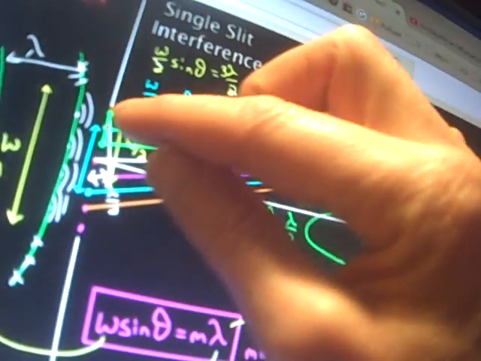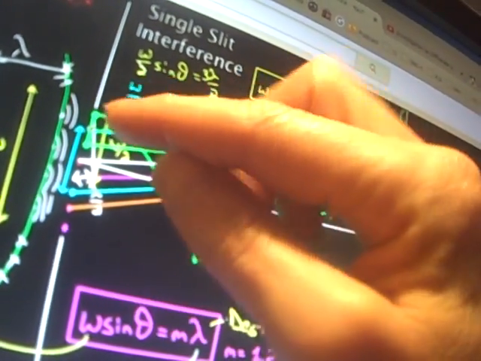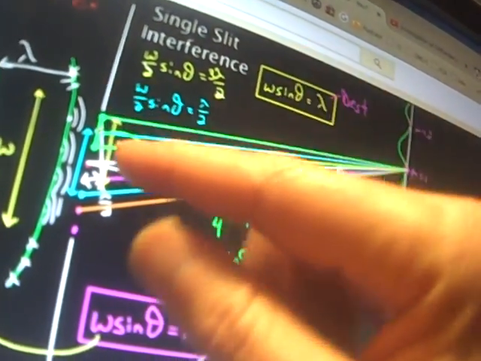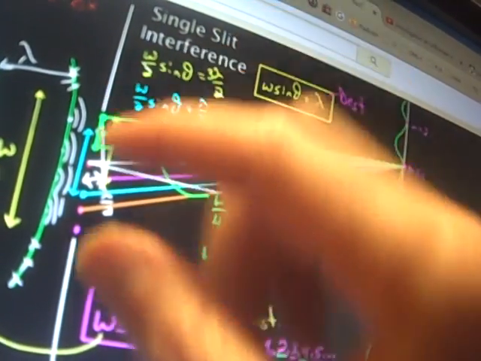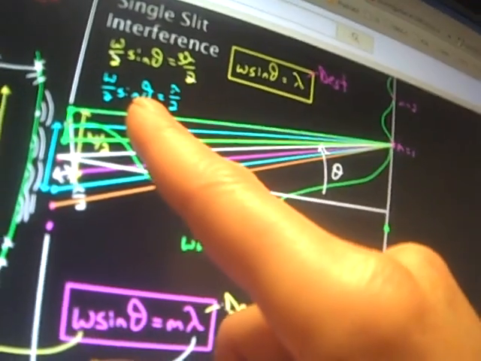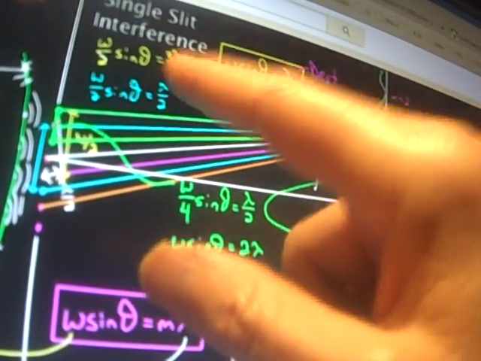And a 3 degree angle would have a sine of like 0.9 or something. So if you multiply this distance times 0.9, you could see how it could turn out to be the wavelength.